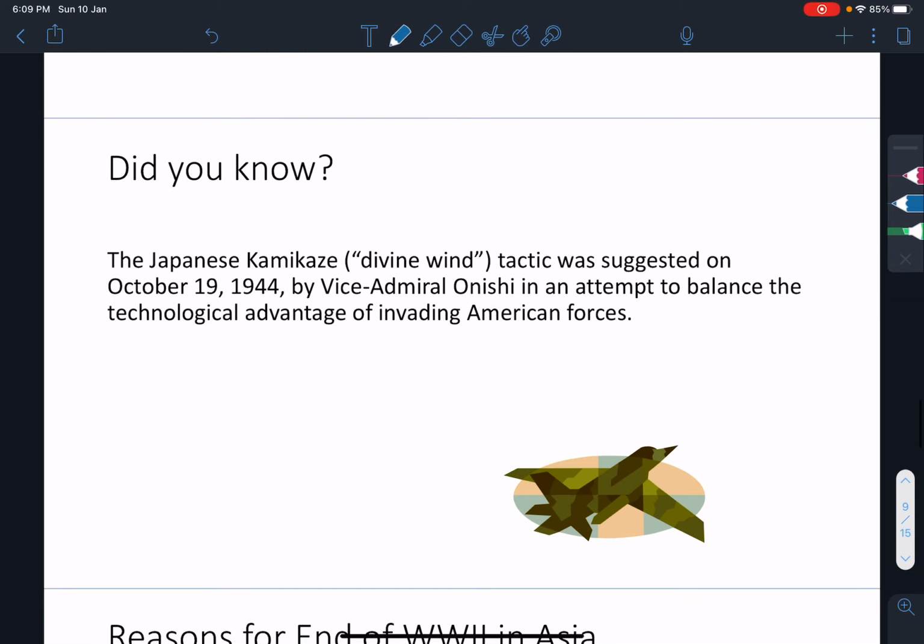Kamikaze is what the Japanese do. They would strap themselves in, load their planes up with explosives, and they would dive. They commit ritual suicide by diving into American warships.